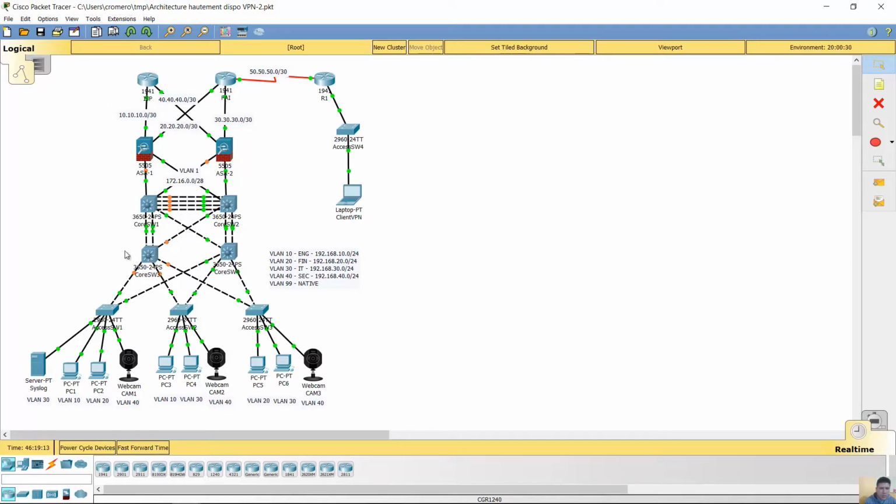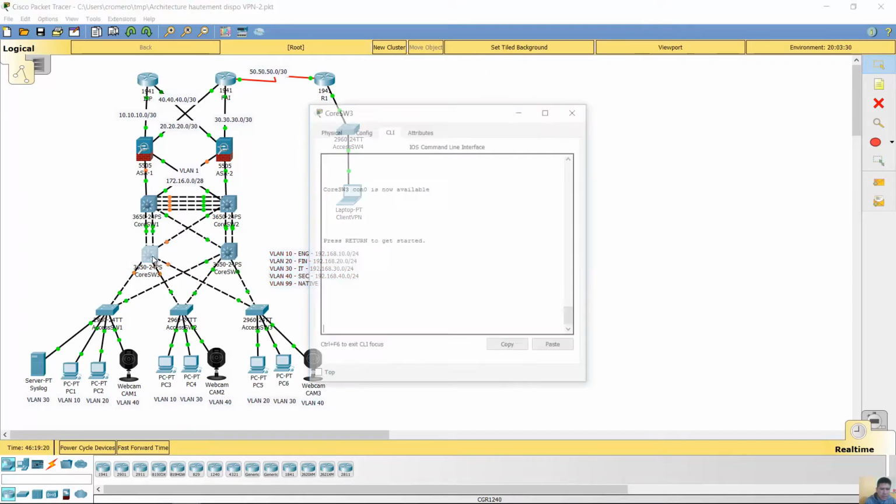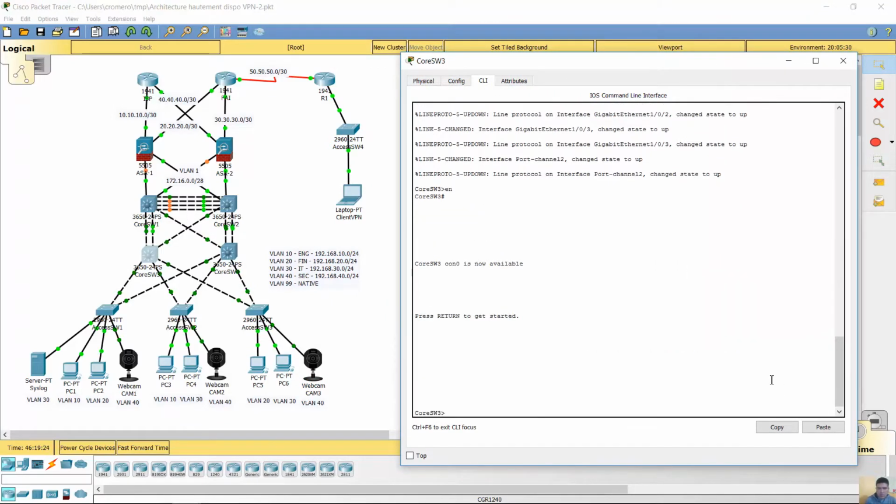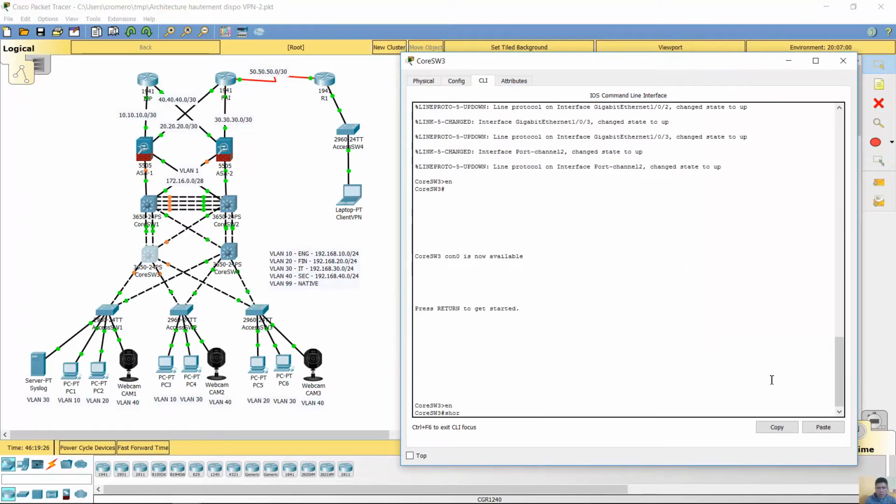And we'll see the core switches. These two. First of all, enable, show running.